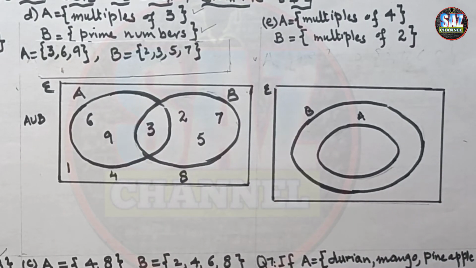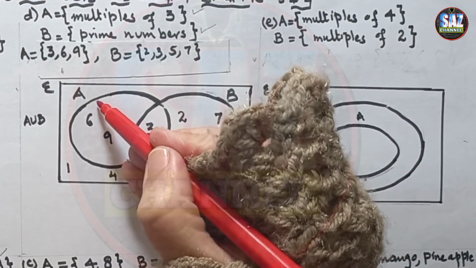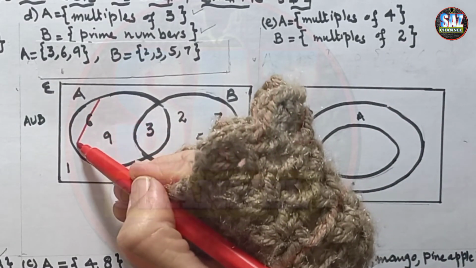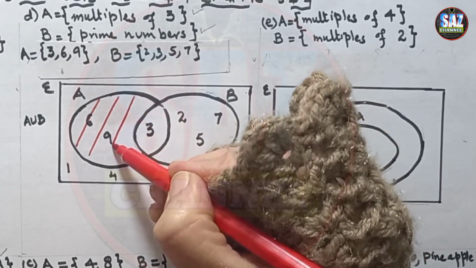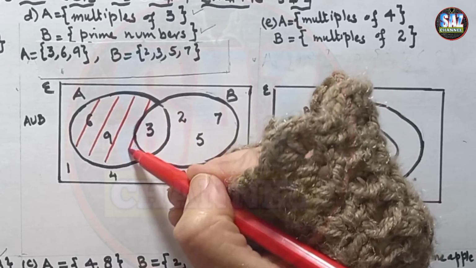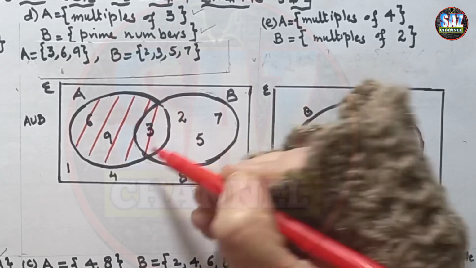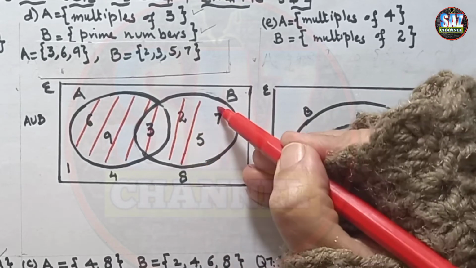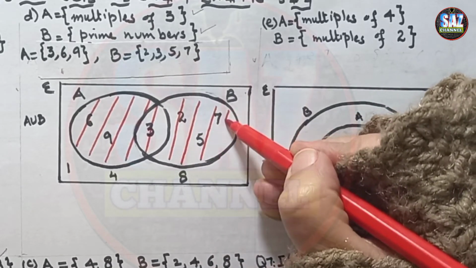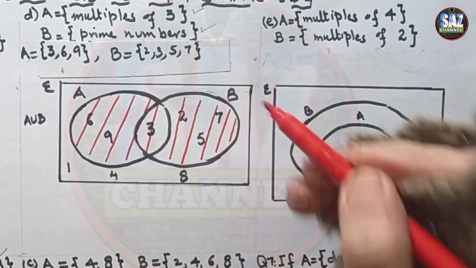Now in order to show the union, I have to shade the diagram nicely to show that I'm taking the union of this situation, and the union will contain both these sets without repetition. The element which is coming in both the sets will be coming in the union once only. I hope you are clear about this situation.